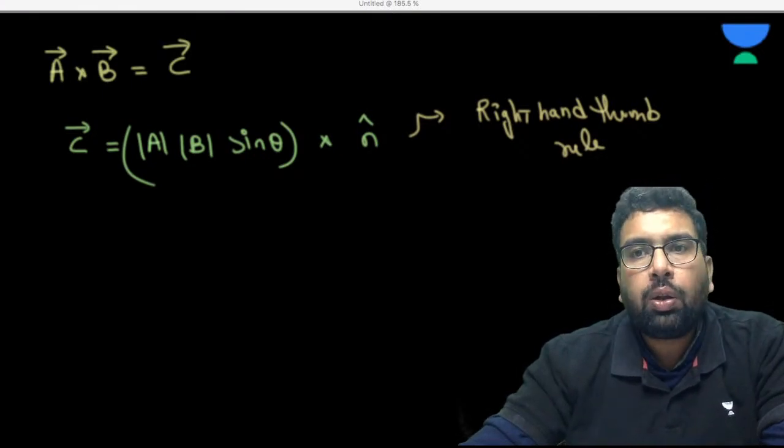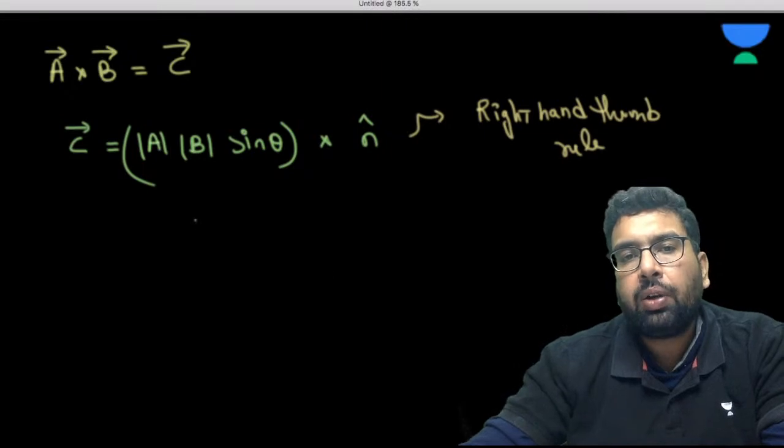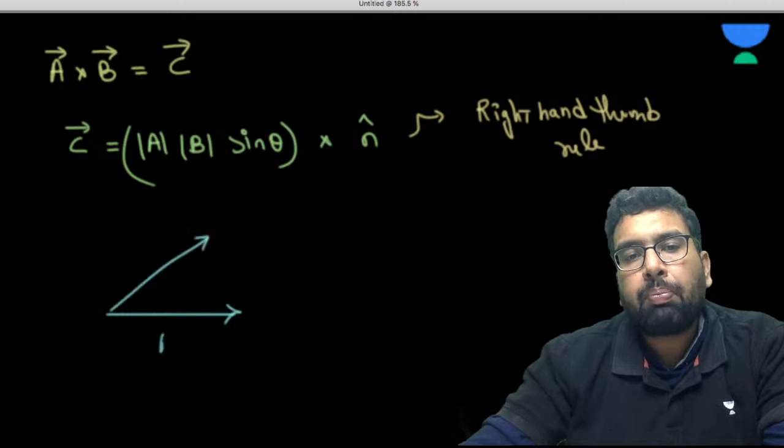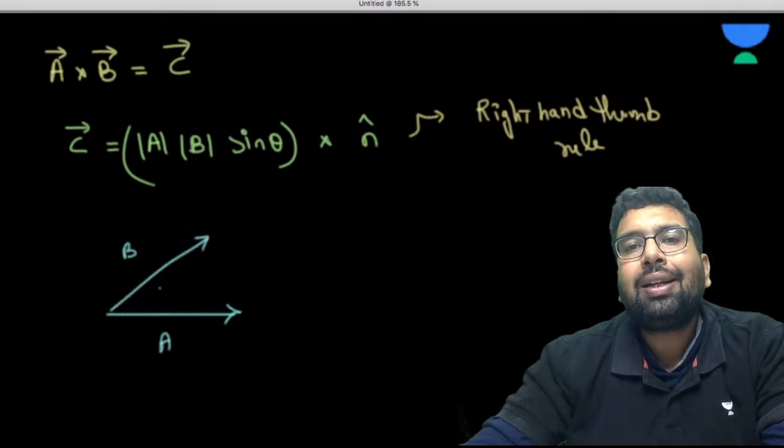Now one thing you need to be careful about: what is this theta? Remember, two vectors are to be joined tail to tail.